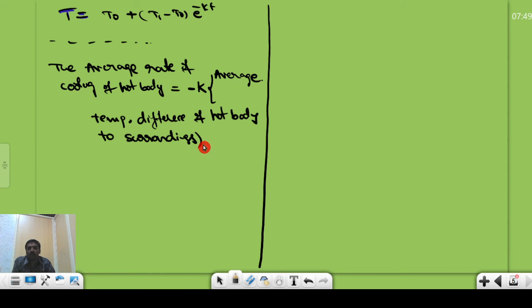So this is the concept which we need to use to solve numerical problems.